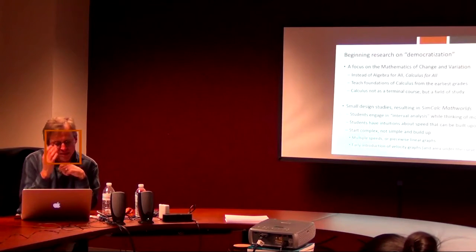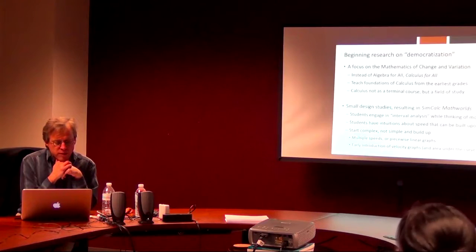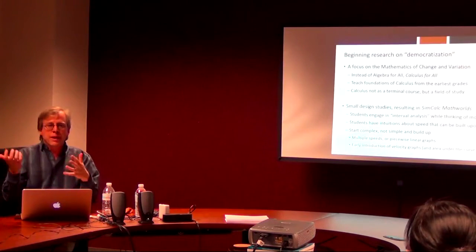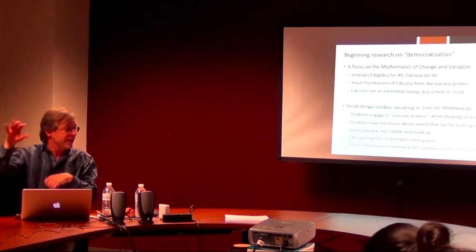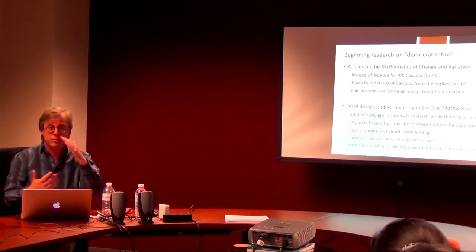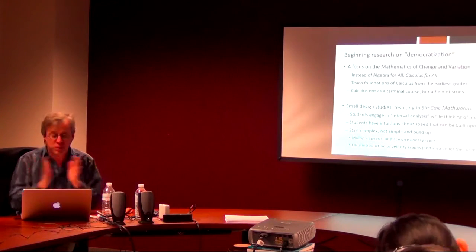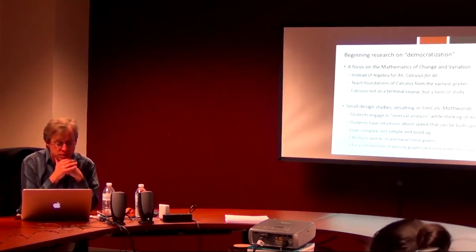And some of Jim's ideas were we should really start complex, right, and not simple and build up. So have really pretty complex graphs of motion, and have students start making sense of those, and not start from the simple and build up. As it turns out, right, that's not where we went. We actually had to take a change off of that one, which I think is a little unfortunate.